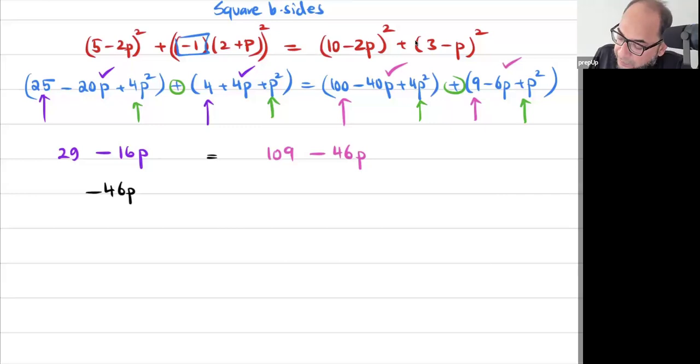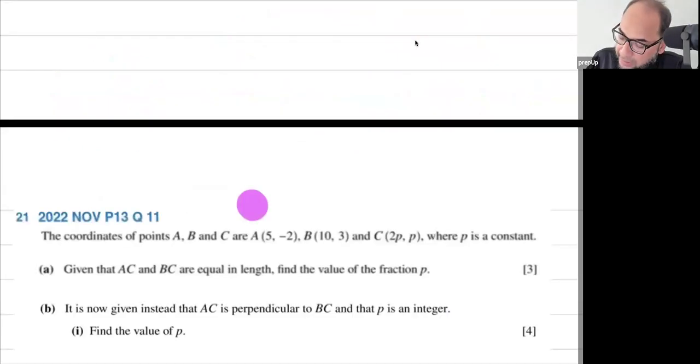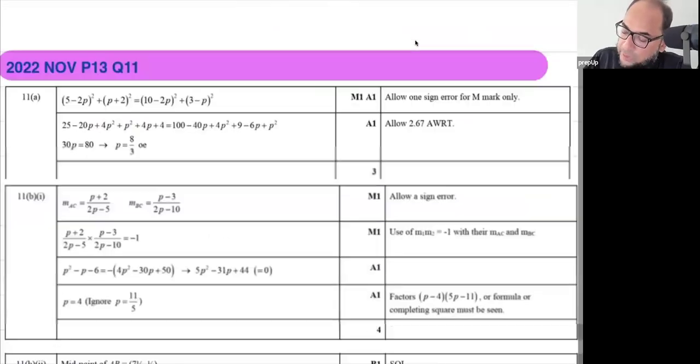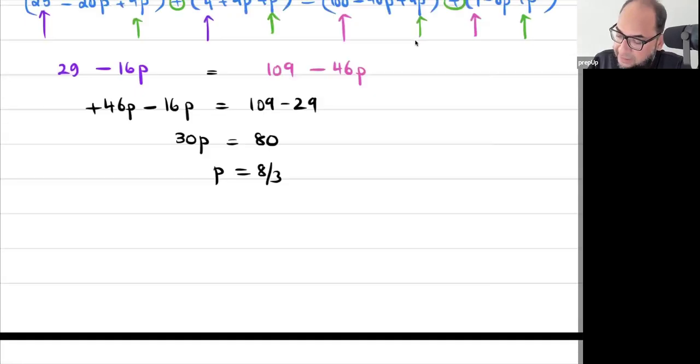Negative 46p, negative 16p, this becomes positive. This is 109 minus 29. That comes out to be 80. This comes out to be 30p. Therefore, p comes out to be 8 over 3. Let's double check. So p comes out to be 8 over 3. That is all good, all perfect. So that is the first thing, that's done.